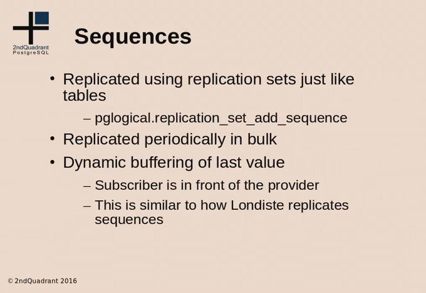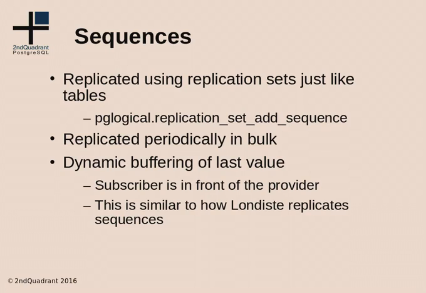We also support replication of sequences, which has a similar interface, except that it's not called replication set add table, but replication set add sequence. You just add the sequence there, and that's it. They are replicated somewhat differently than tables, though, because the infrastructure in Postgres called logical decoding doesn't support decoding of sequence changes.